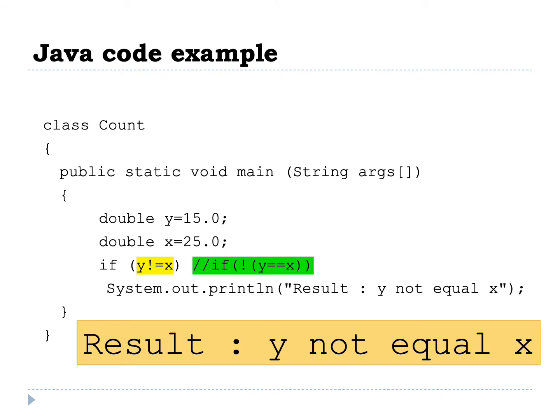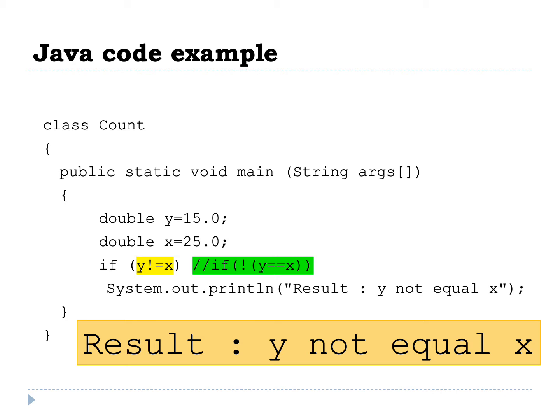In terms of the condition, based on what we know about equality operators, we can use any of those. For example, instead of using not equal, we can use equal to and not it at the end. As I showed here in green, if we do y equal to x, meaning that we are comparing 15 with 25, it will give us false because 15 is not the same as 25.